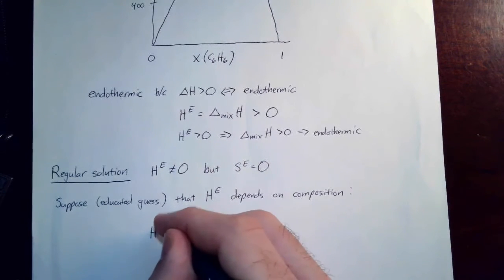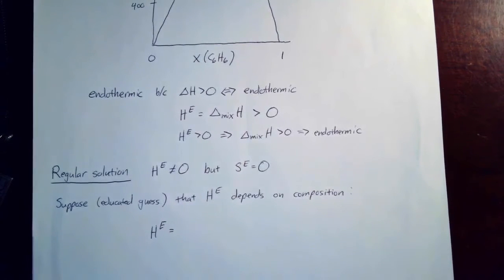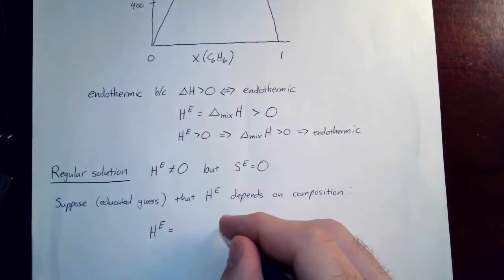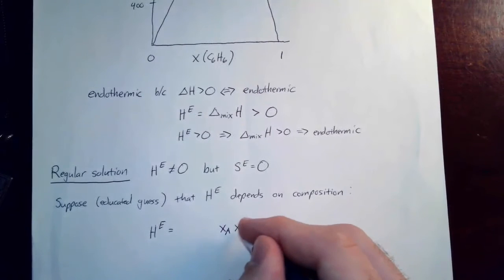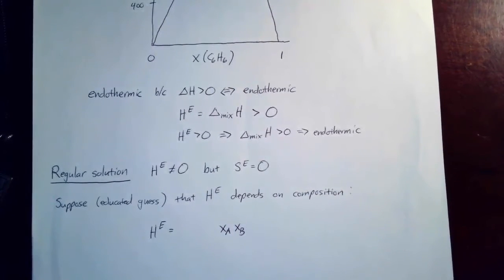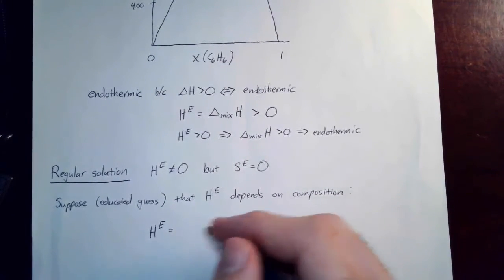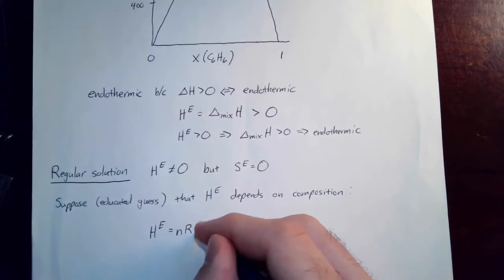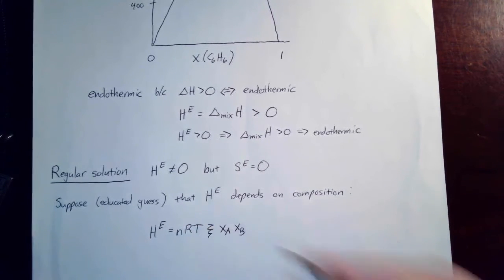A sample equation for H^E that depends on the composition, well, it makes sense that it would depend on X_A and X_B, and we'll put an nRT in here and a dimensionless parameter, C. With this, again, this is a guess at what the excess enthalpy might look like.